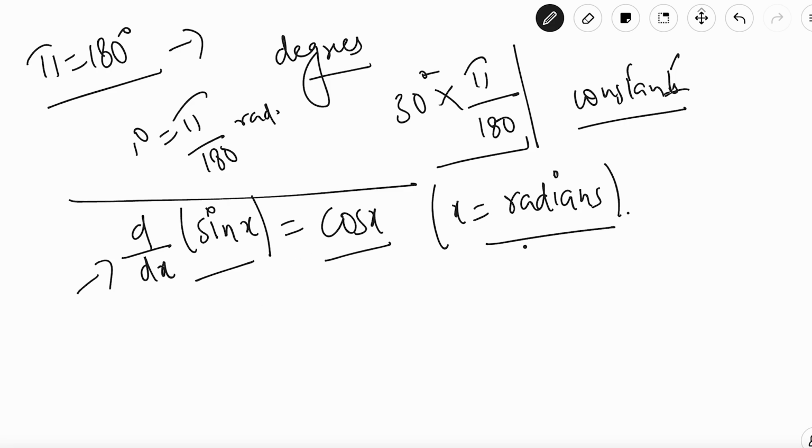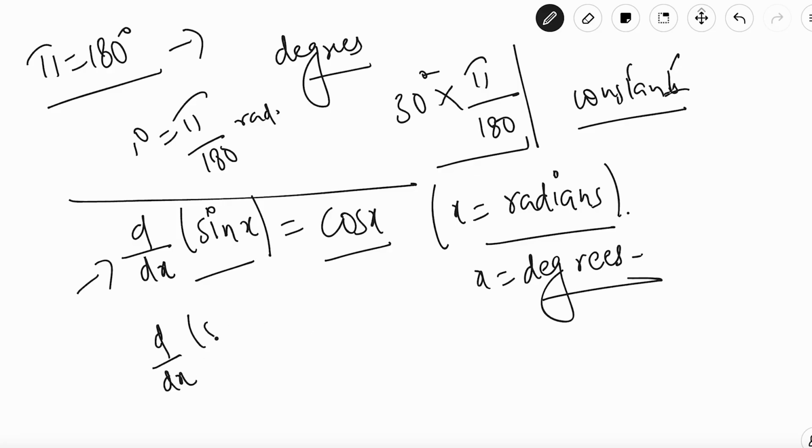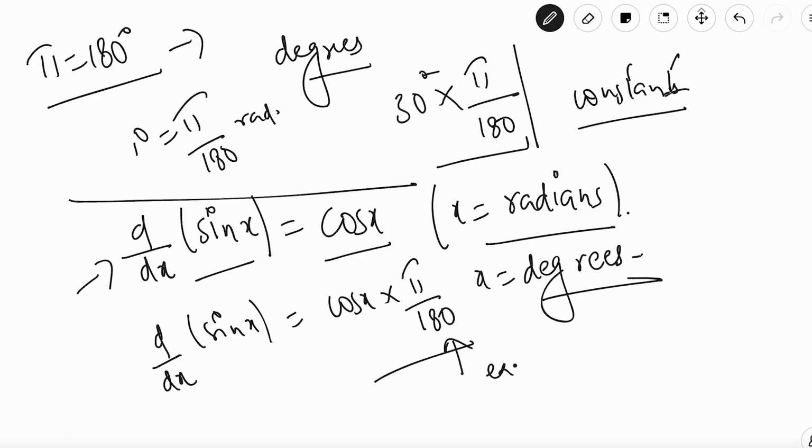Now if x is in radians, then it's okay, but if x was in degrees, then d by dx of sine x would have been cos x into pi by 180.